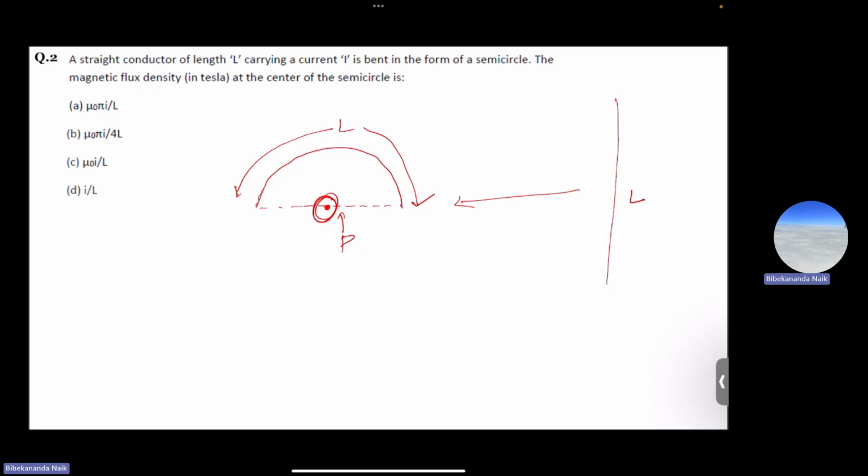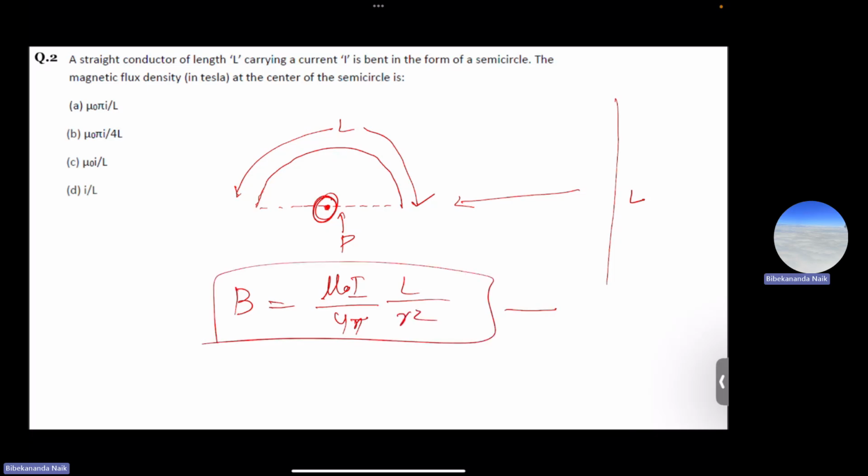So, for a straight conductor of length L, the magnetic field intensity is given by the expression B equals mu 0 I by 4 pi L by R square.